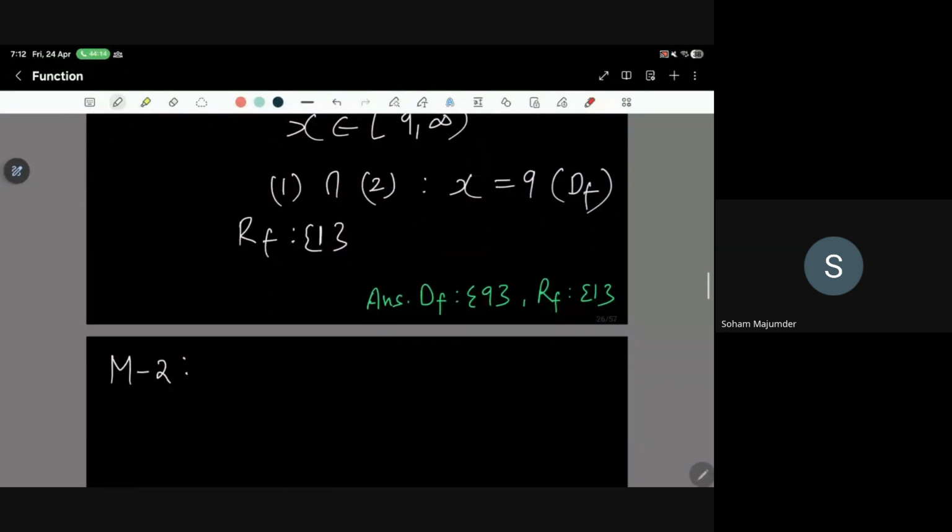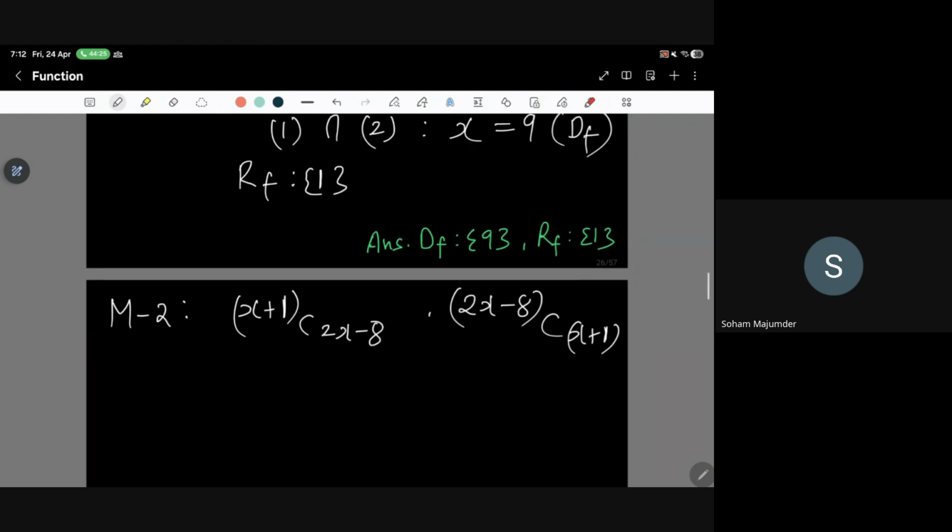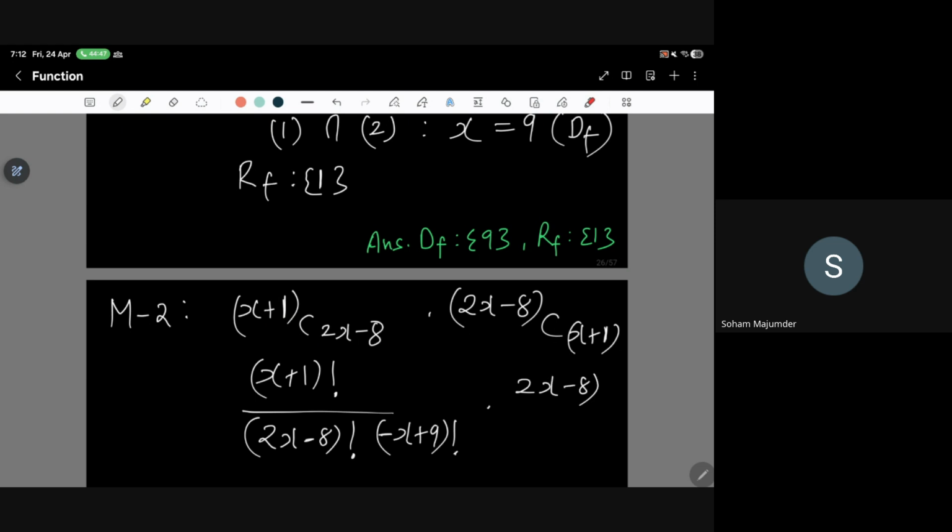So (x+1)! over (2x−8)!, and the difference of these is −x+9, here (2x−8)!, (x+1)!, and (−x+9)!.